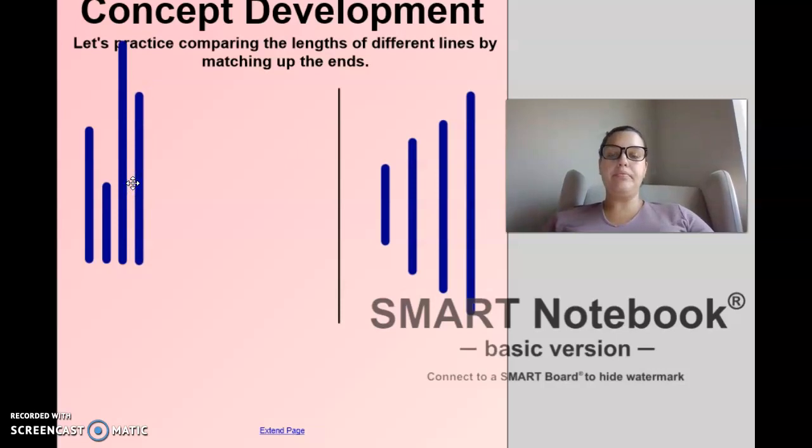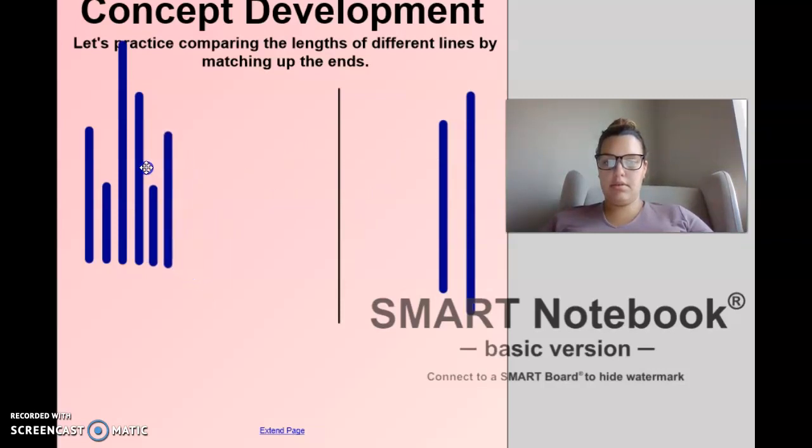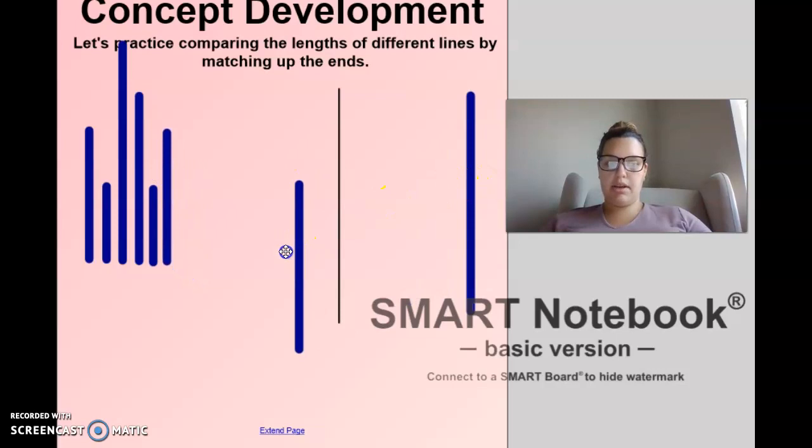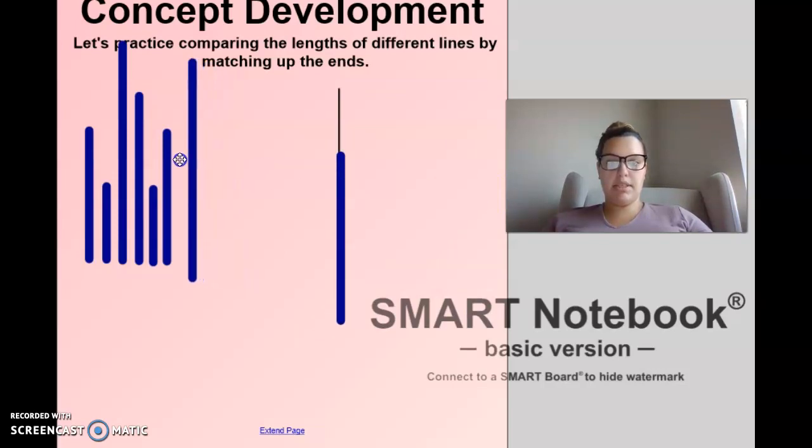Here's going to be our string that we compare everything to, okay? We're going to put shorter on one side and taller then on the other side. So let's compare these two right here.